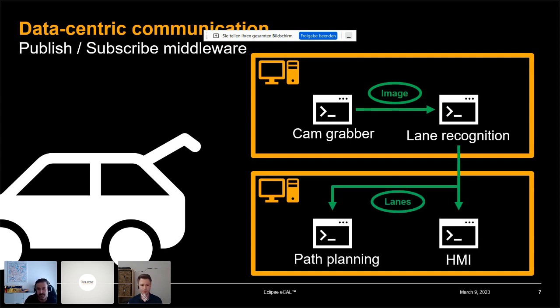So lane recognition publishes the lane infos to the topic lanes on the first host, and on the other host, path planning and HMI subscribers can receive the lanes. So both of them are able to receive the data at the same time. So as you can see, we have a communication pattern that allows a one-to-N connection or even an N-to-M connection, which is very efficient in distributing data.